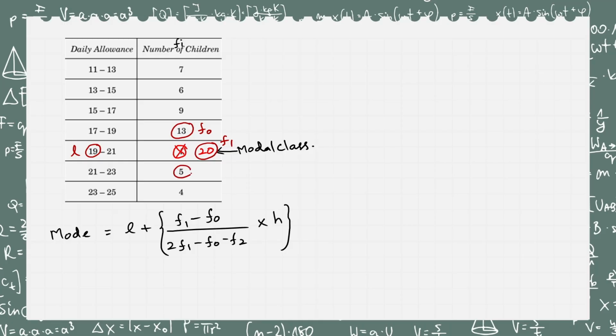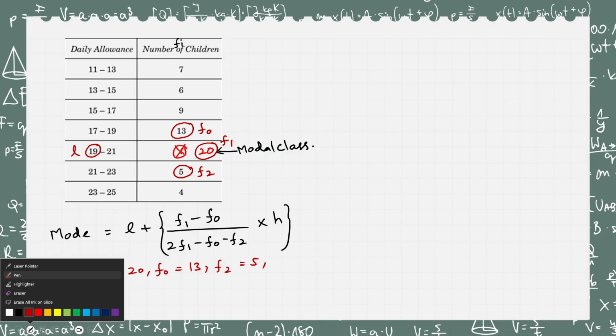And the next row's frequency is our F2, and H is the size of the class, which is the gap between the lower limit and the upper limit, which is 2 here. So let us list down all the values we have obtained here. L equal to 19, and F1 is equal to 20, and F0 is equal to 13, and F2 is equal to 5, and H is equal to 2.